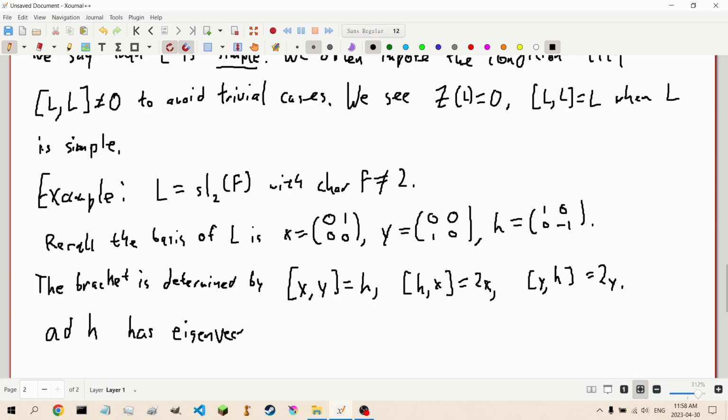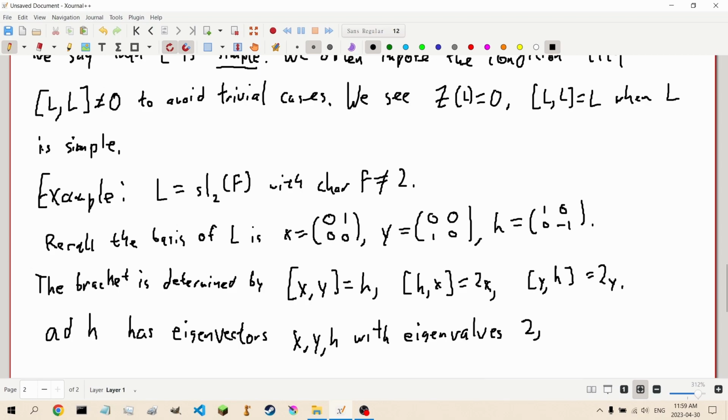So we see that x, y, and h are eigenvectors of the adjoint of h, and they have eigenvalues. Well, the bracket of h and x is 2x, so that has an eigenvalue of 2.